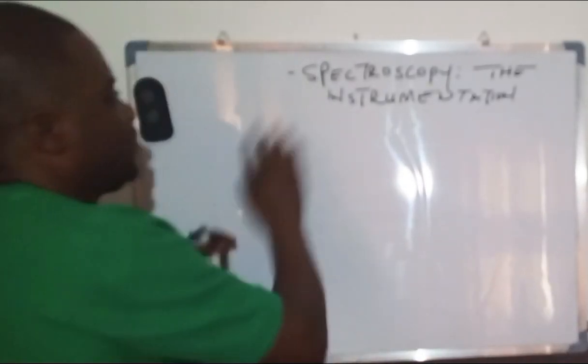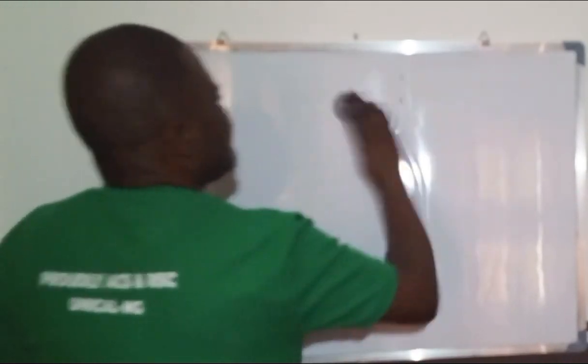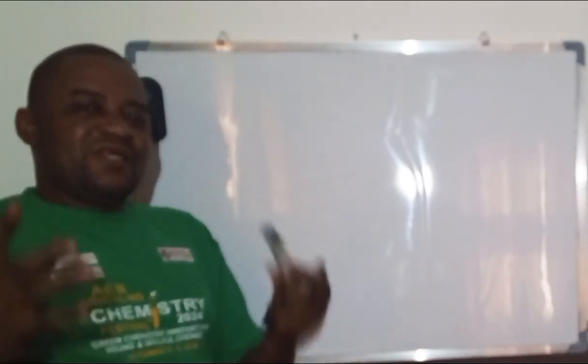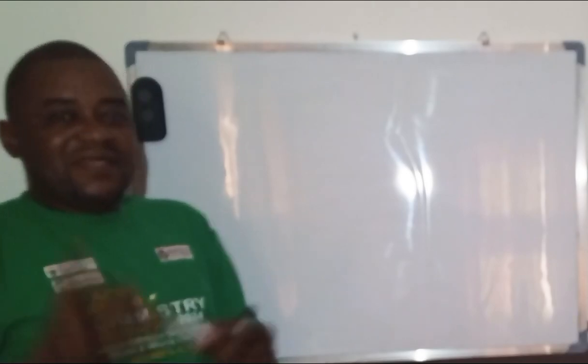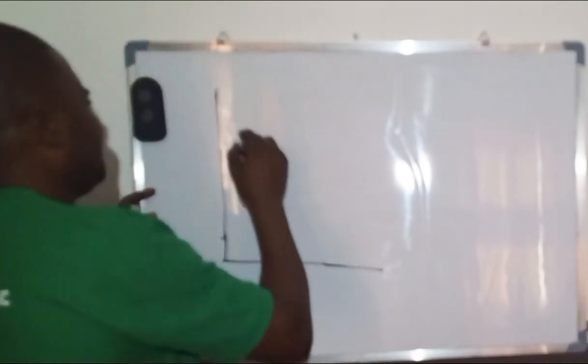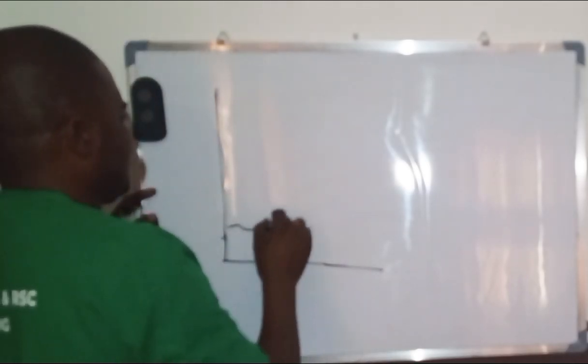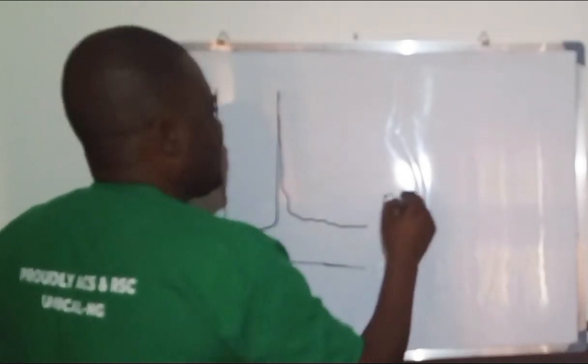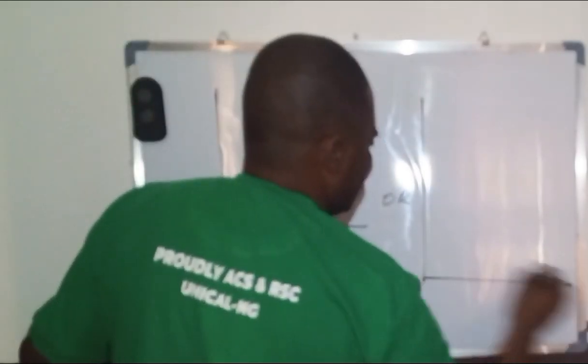After all that you have done, you find your results shown at your display unit in this form. You can have something of this nature, in this form, or you can have them shown in this form.